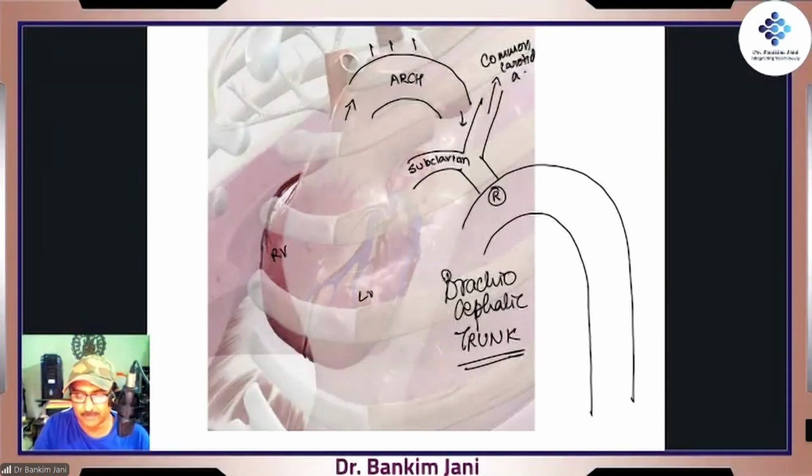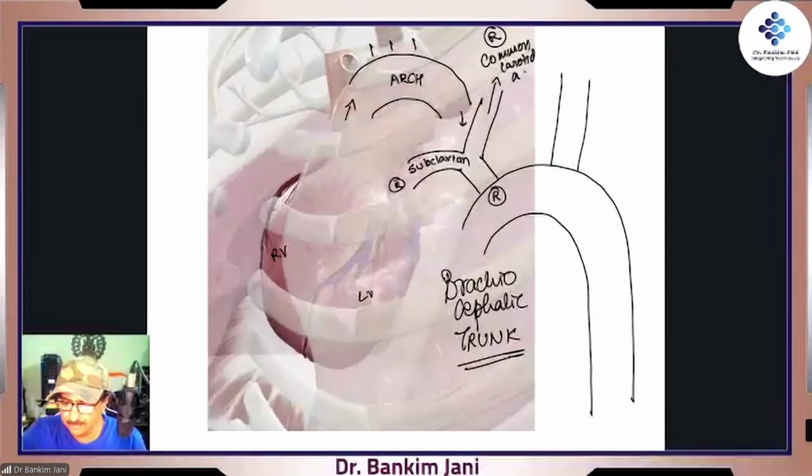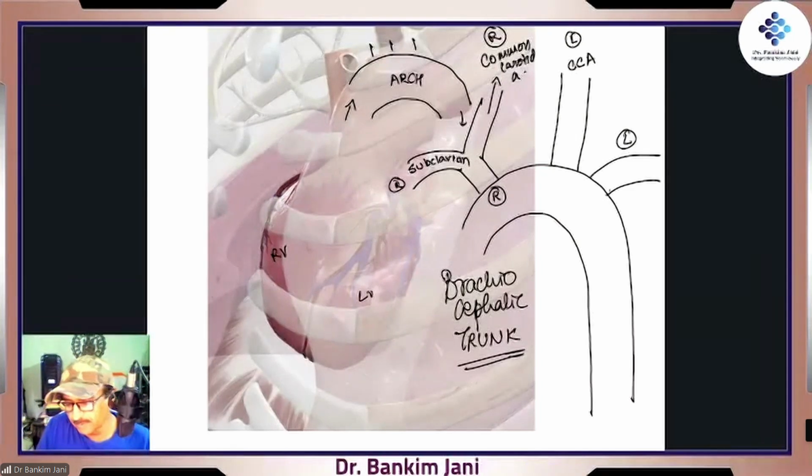We need to say right common carotid artery and right subclavian, because the left common carotid artery arises directly from the aorta, and similarly the left subclavian artery. The subclavian supplies the upper limb, and the common carotid supplies the head and neck.